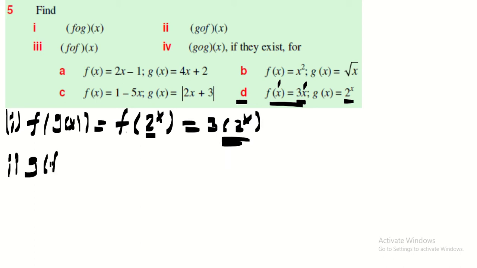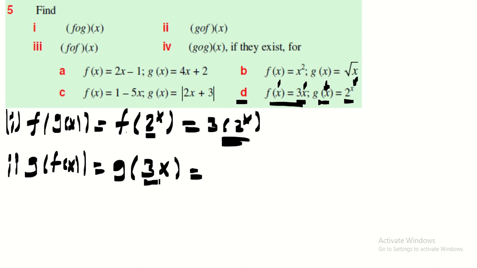G of f of x. That means g of what's f of x? 3x. Which is, what does the g do? The g rule says just take it as an exponent. Any variable you put, make it as an exponent of 2. So I'm going to make this whole thing the exponent of 2. Because if this is y, this is going to be 2 to the power of y. So what to do? 2 to the power of 3x. You can simplify this one.